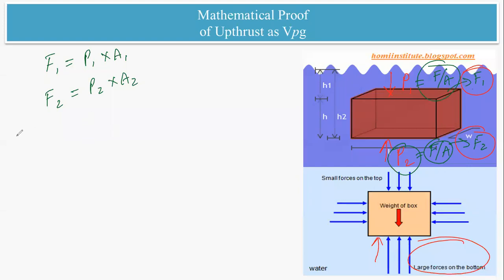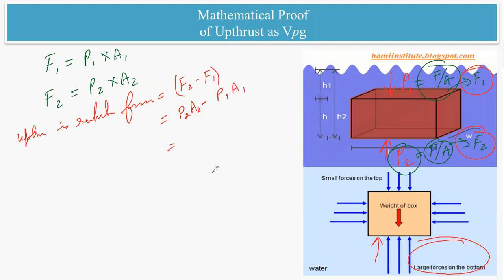So over here if I say the upthrust is the resultant force, so resultant force is F2 minus F1. तो यहां पे ये F2 minus F1 हो जाएगा. तो यहां पर अगर हम इसका सिंप्लीफिकेशन करते हैं, so we can write it as P2 A2 minus P1 A1. ठीक है, यहां पर ये आ गया.